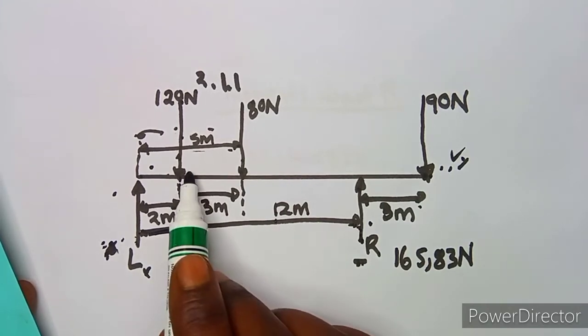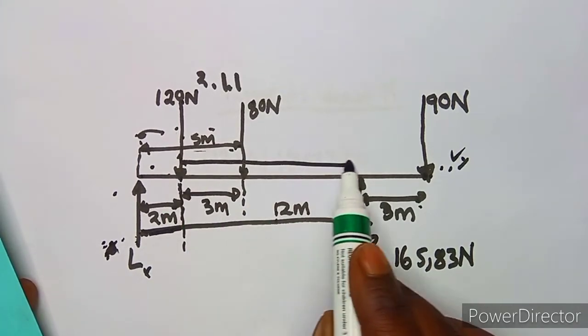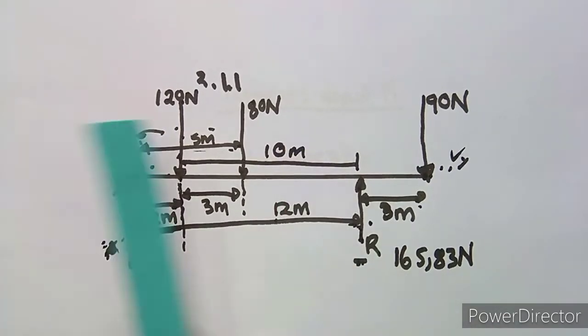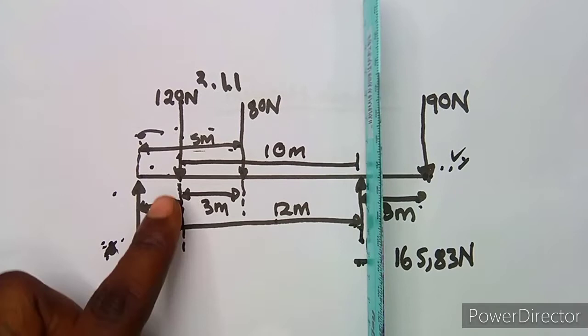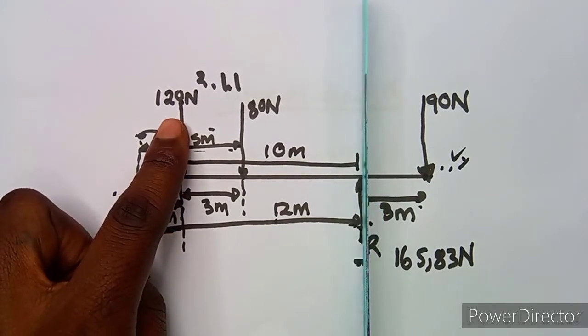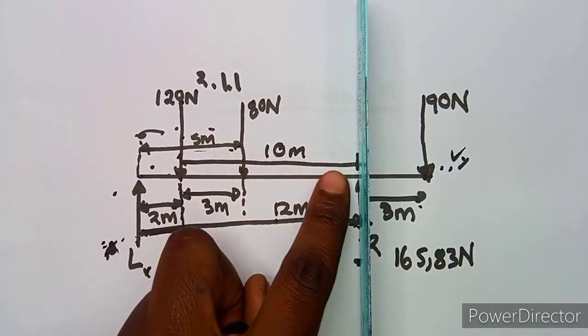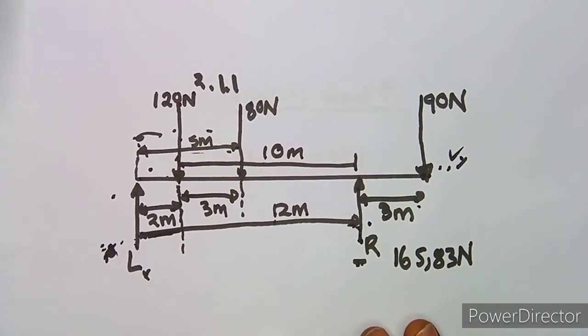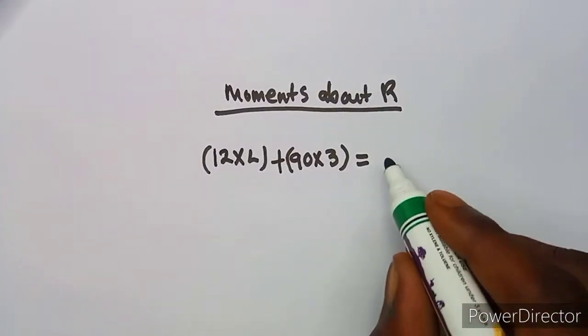So 12 minus 2, you remain with 10 meters. So from this force of 120 back to R, there's a distance of 10 meters. So it's 120 times 10.